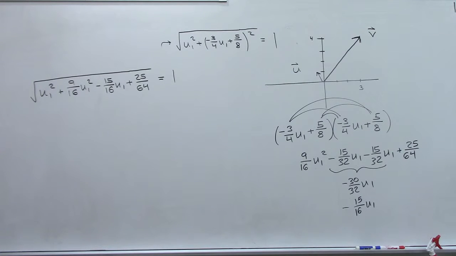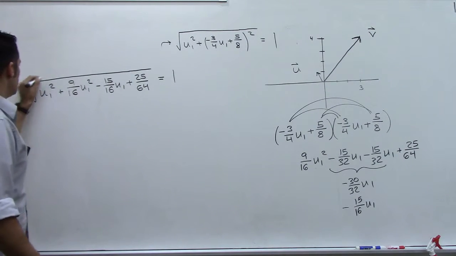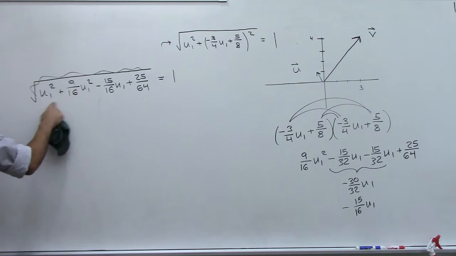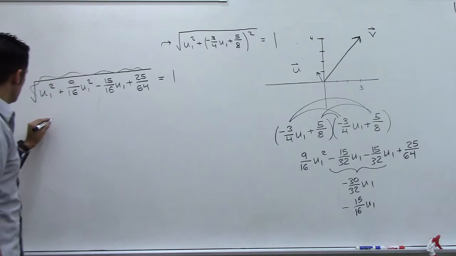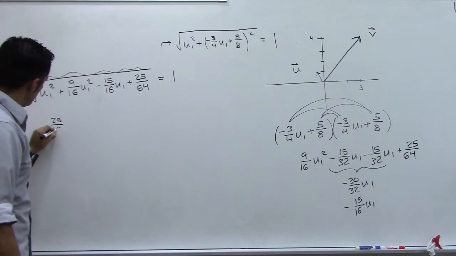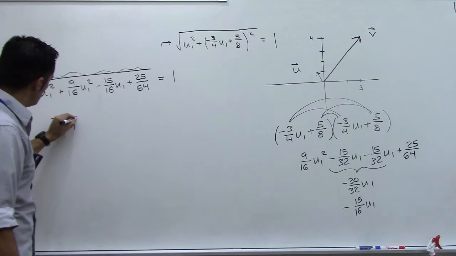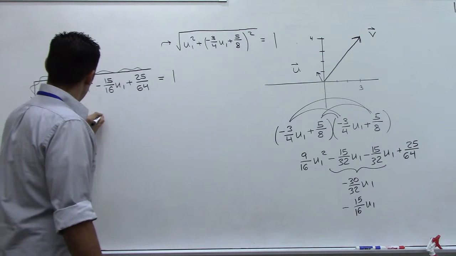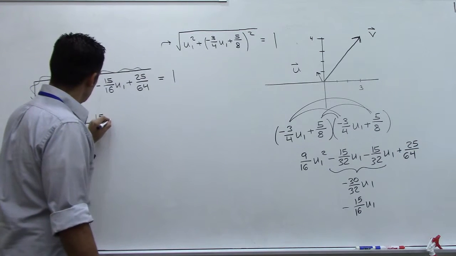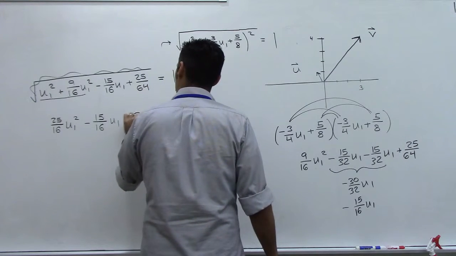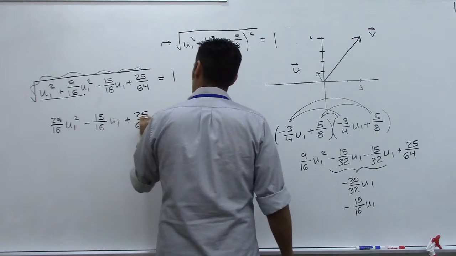I can start putting this stuff together. Let's square both sides, and the root goes away. 1 squared is still 1. Now put these two together, get a common denominator. You should get 25/16 u1 squared. I just combine those two. And then minus 15/16 u1 plus 25/64 equals 1.